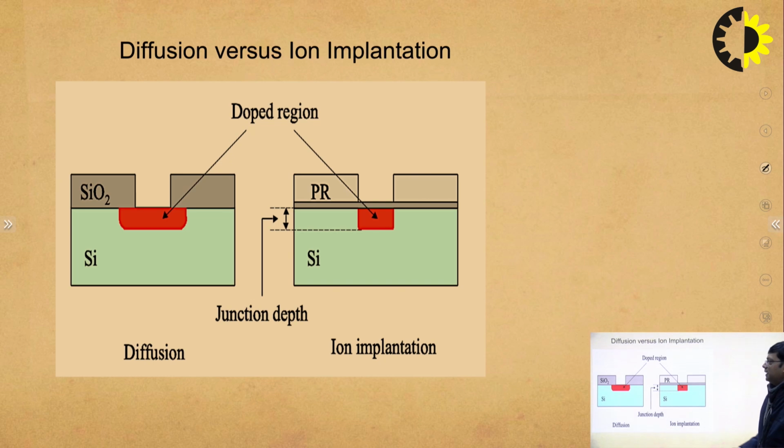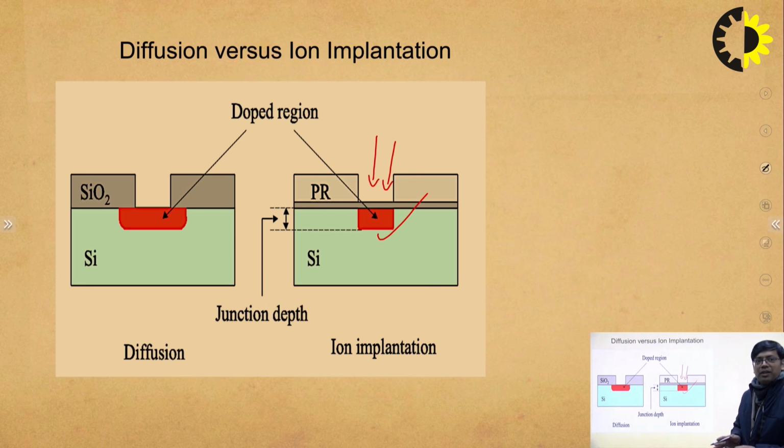Graphically, we can see that ion implantation is a more precise, more controlled process. Here we can see this is our ion implantation doping. Here the dopants are bombarded onto the wafer and the dopants move vertically inside the bulk of the wafer.